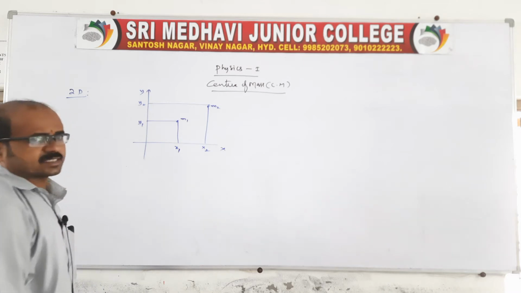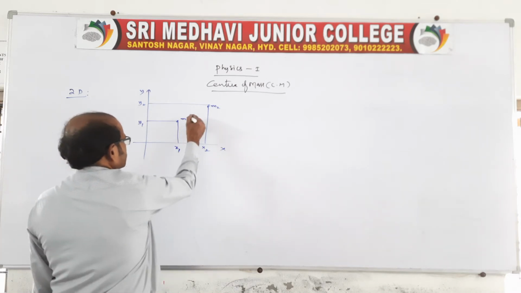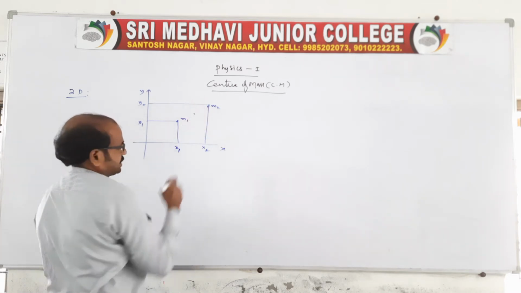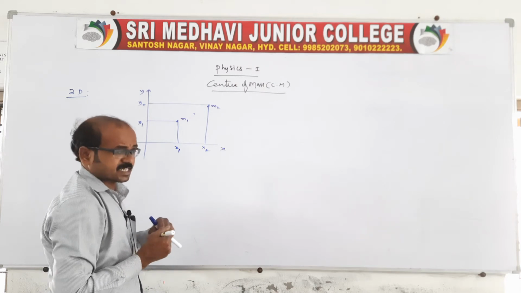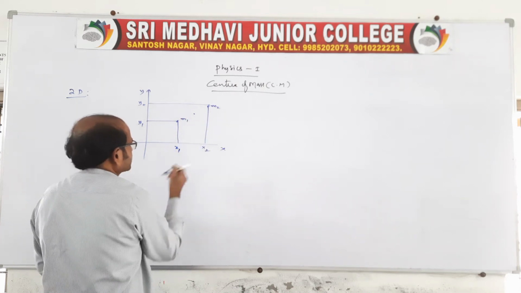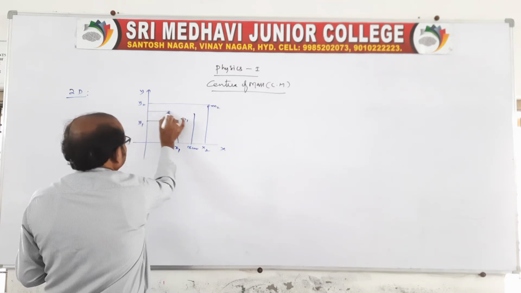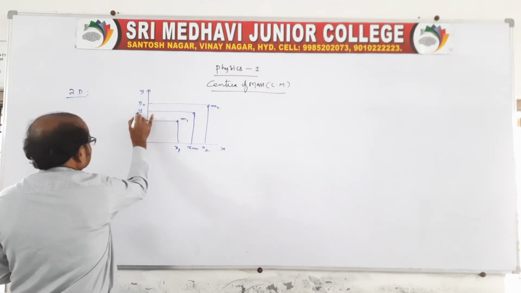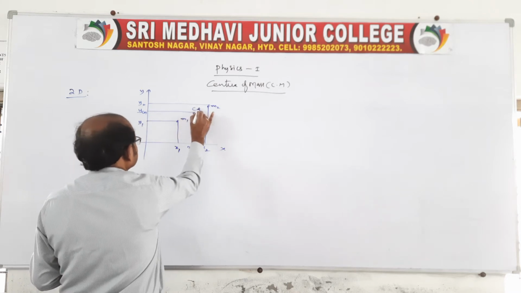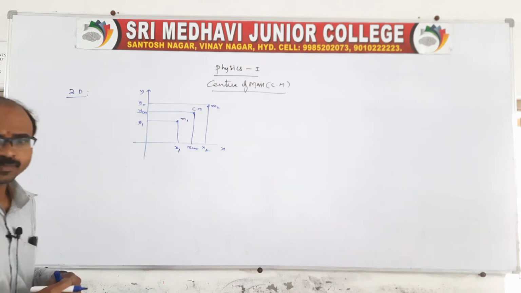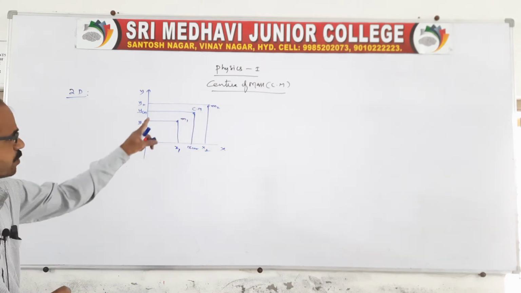For this two particle system, the center of mass position may be at xcm and ycm. This is the center of mass position for the two particle system.